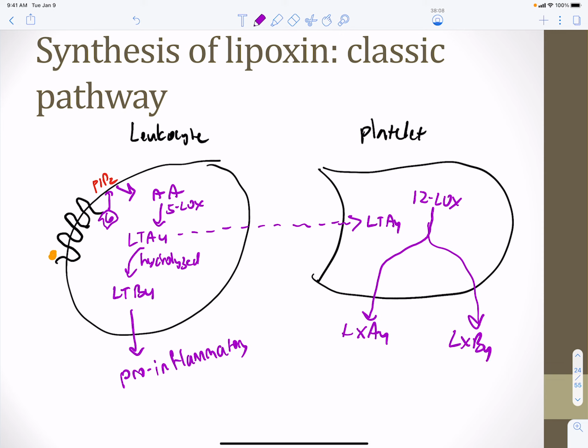And these are just going to have different enzymes that work on them. So you're going to have a lipoxin A4 hydrolase or a lipoxin B4 hydrolase. And then both of these are anti-inflammatory.